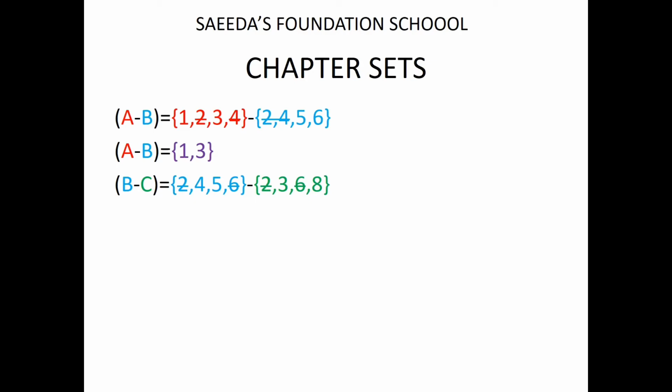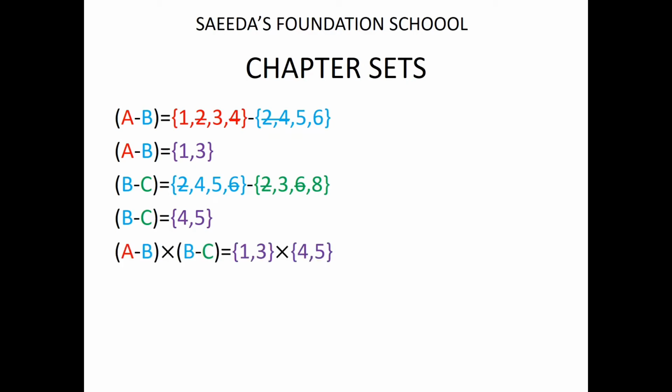We'll cancel out the common elements and write down the leftover elements of the first set only, that is 4 and 5. Now when we want to calculate the Cartesian product of A minus B and B minus C, the answers we've got. First of all, let's make a diagram.